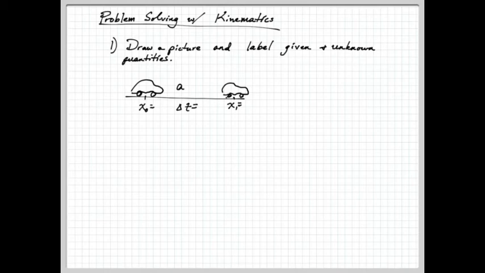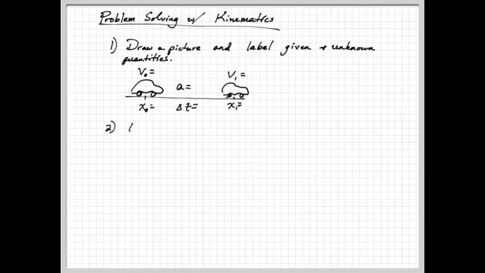Because this is motion with constant acceleration, I also write the acceleration in the middle because it's the acceleration throughout the problem, and because it's constant, it doesn't change. The last thing would be your velocities. I put the final velocity where the final position is, and the initial velocity where the initial position is. So I've labeled where everything would be from the problem, and again, you should fill in numbers if you know what they are.